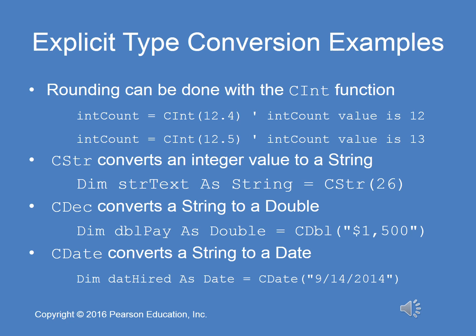CInt is the function. The argument is the value being passed to the function, and that will be converted to an integer. It's converted, in this case, to 12. However, if we pass 12.5 to CInt, it does the rounding, and it rounds up to 13 and assigns it to intCount.